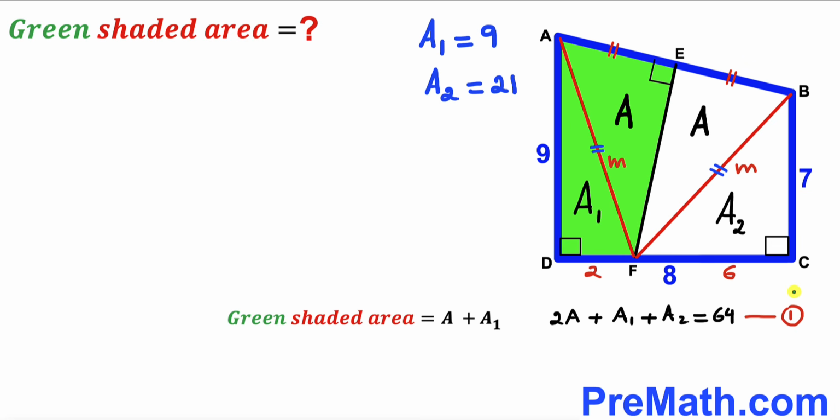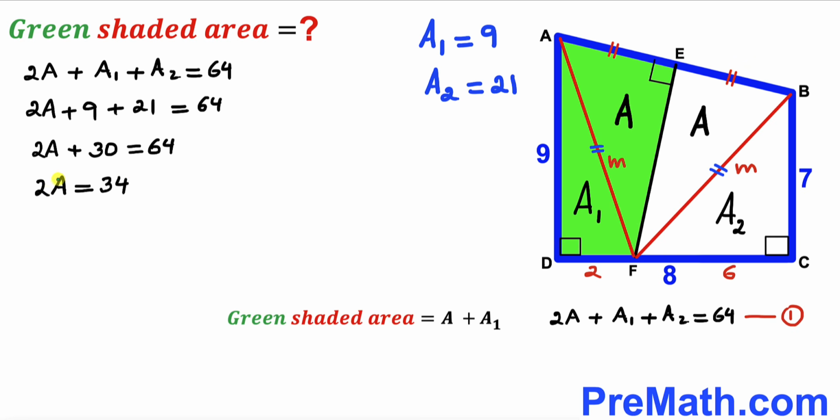And let's focus now on this equation 1. And here I have copied down equation 1. And we know our A sub 1 value is 9. Our A sub 2 value is 21. So therefore we are going to substitute those values. So we got 2 times A plus 9 plus 21 equal to 64.